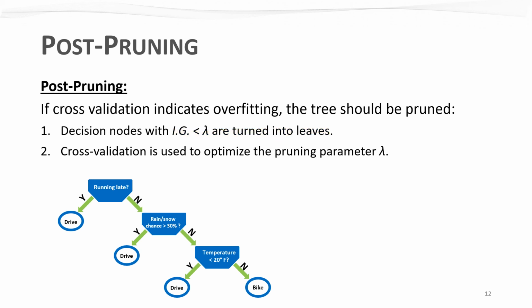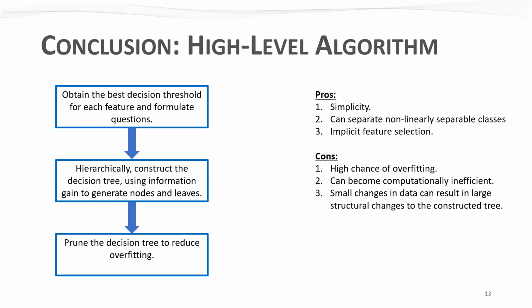For example, if this temperature decision node had an information gain below the threshold lambda, we would simply get rid of it. We would turn it into a leaf. This will make the model more generalizable. And of course, we can use cross-validation to optimize the pruning parameter lambda.